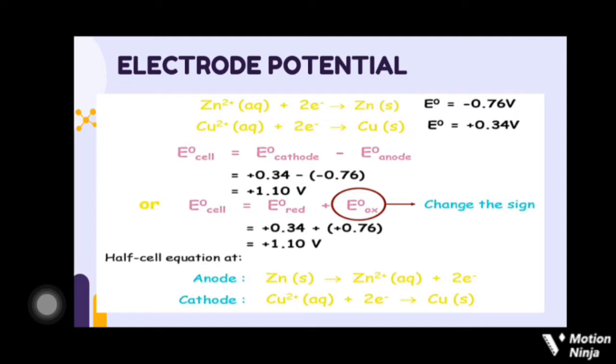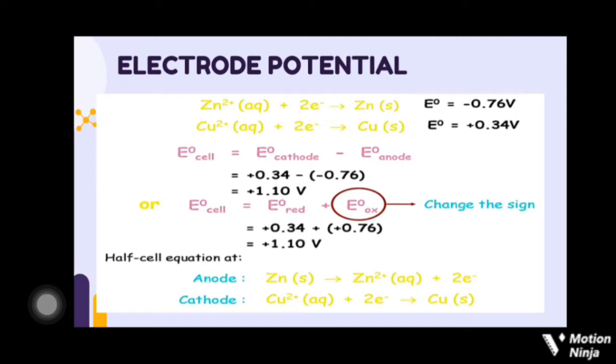Now, next, we need to substitute the given numbers. E note cell is equal to E note cathode. Our cathode again is the copper, which has positive 0.34 volts. Next, minus E note anode. Our anode is the zinc, which has negative 0.76 volts.